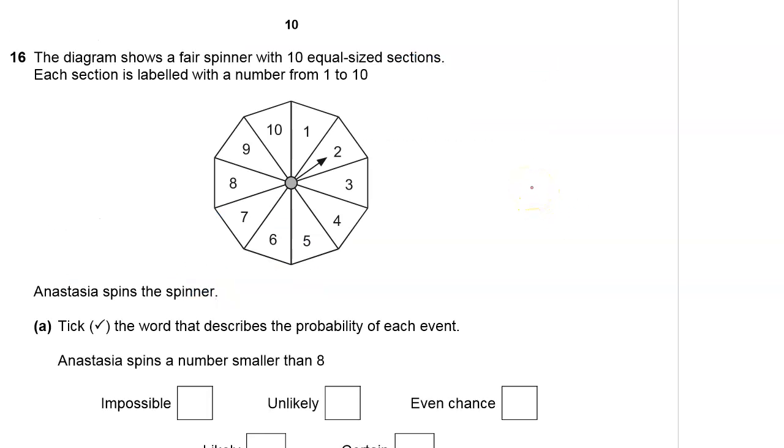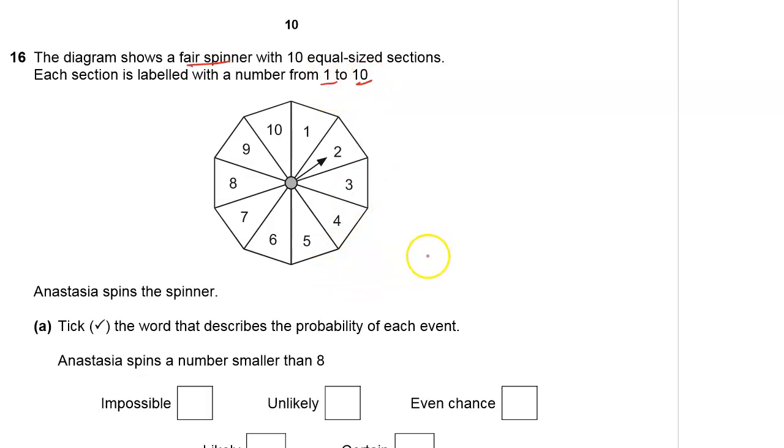Question number 16. The diagram shows a fair spinner with 10 equal-sized sections, 1 to 10: 1, 2, 3, 4, all the way to 10. Each section is labeled with a number from 1 to 10.